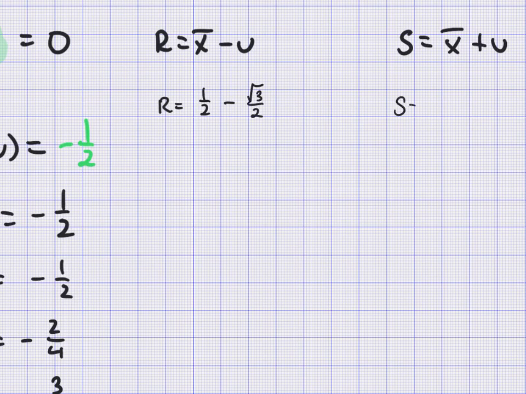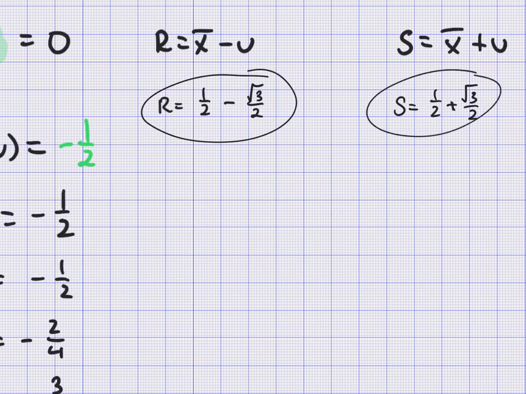And s is 1/2 plus radical 3 over 2. And there are our two solutions: 1/2 minus radical 3 over 2, or 1/2 plus radical 3 over 2. And of course, you could speed that up by writing it like this: 1/2 plus or minus radical 3 over 2. And there we go.